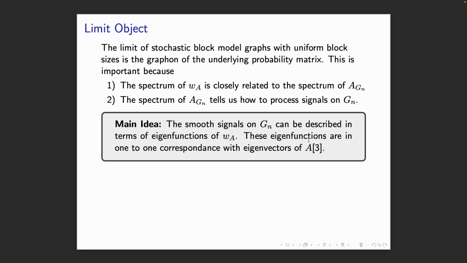So if I have a stochastic block model graph with 9,000 vertices, instead of computing the eigenvectors and utilizing 72 gigabytes of memory, I could just compute the eigenvectors of the 5 by 5 matrix, which is a lot easier on my computer. Then use that to approximate the eigenfunctions of the graphon, and then you can use those to approximate the eigenvectors of any large graph in the sequence.